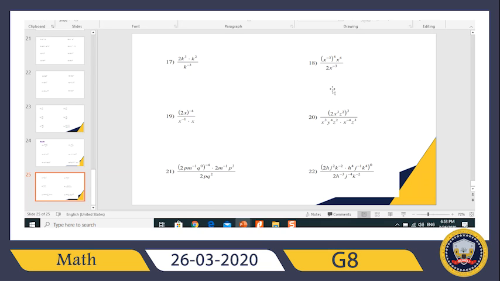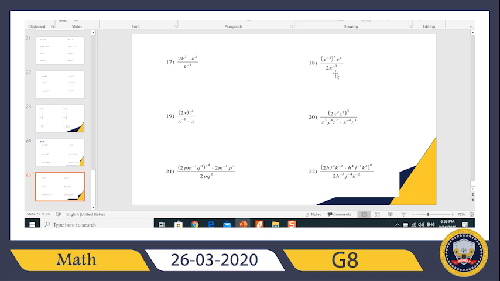Yes, they have different signs, so I have to subtract and put the sign of the bigger number. Negative 12 plus 4 means negative 8. x power negative 8. Here 2 will be the same over 2, because there is nothing I can multiply or divide by 2, so I will leave 2 as it is. My only concern here is the x's.